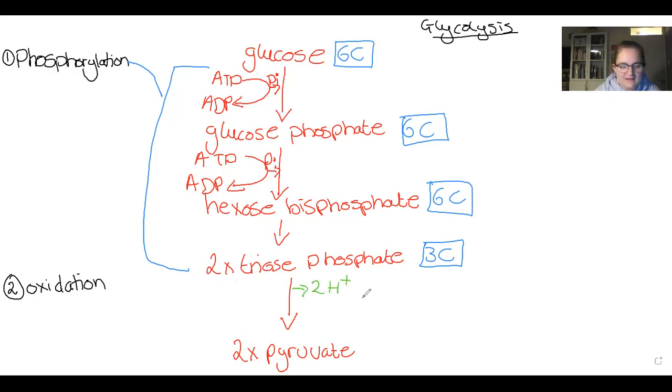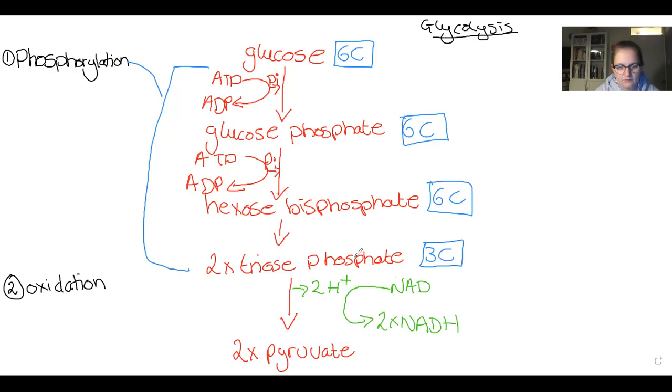And what then goes on is we've got that NAD, that nicotinamide adenine dinucleotide coenzyme. So NAD comes along, collects that H plus and is reduced to form 2 lots of reduced NAD.